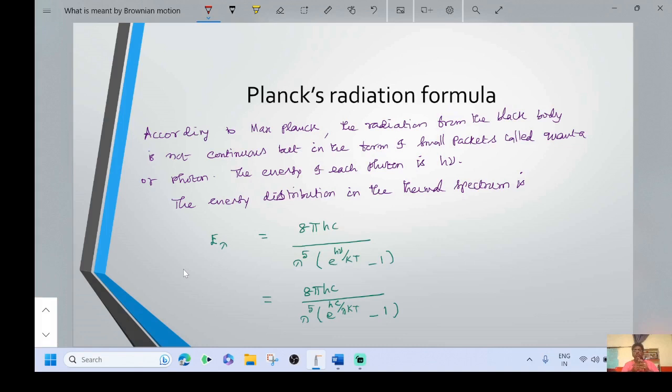The energy distribution in the thermal spectrum is E lambda equal to 8 pi hc divided by lambda power 5 into e power h nu by kT minus 1. We know that c equal to nu lambda, the velocity of light equal to frequency into wavelength, therefore nu equal to c by lambda. The above equation is modified as 8 pi hc divided by lambda power 5 into e power hc by lambda kT minus 1.